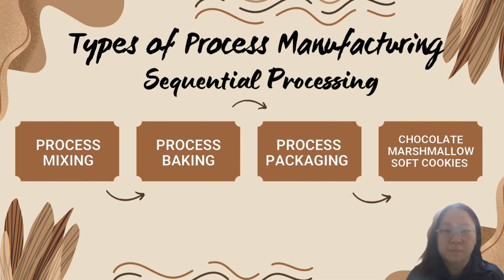The type of manufacturing process of Sweetz Cookies is sequential processing. There are 3 processes to produce chocolate marshmallow soft cookies. First is the mixing process. Second is the baking process. And third is the packaging process.